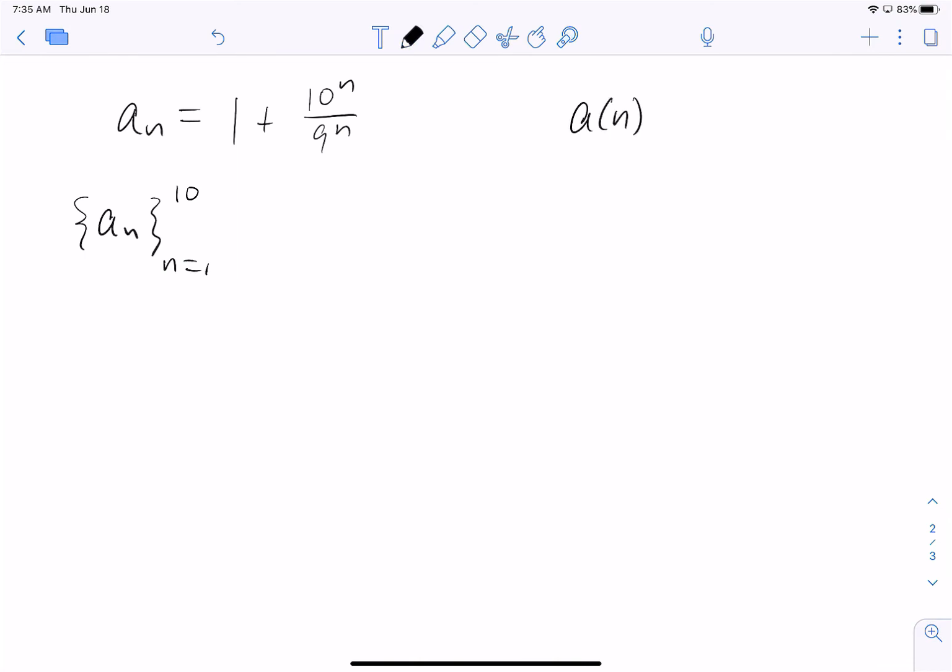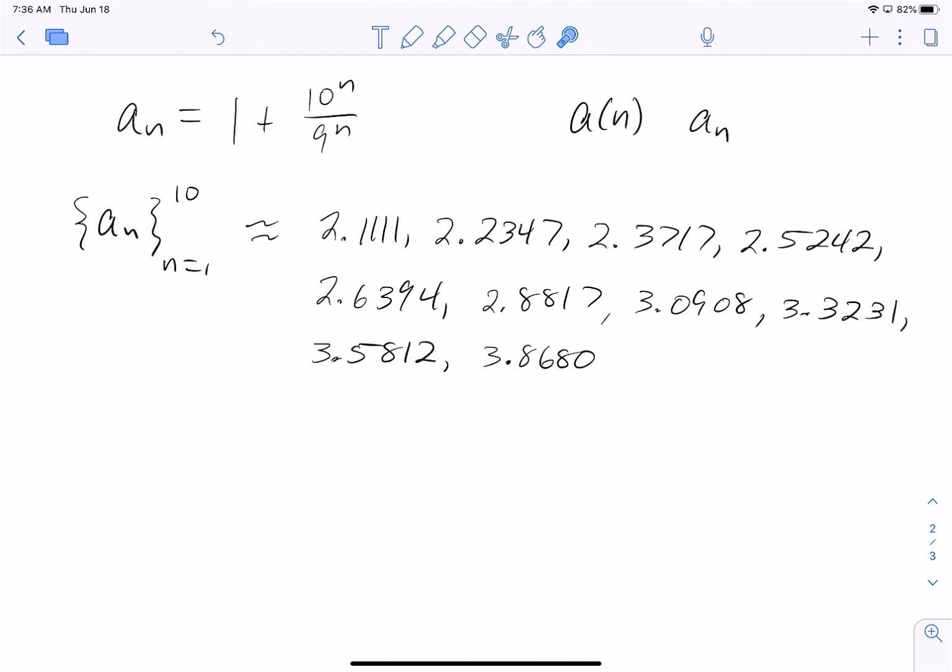Instead of writing a of n, we write a sub n to denote that it's a sequence. And using that calculator, the first 10 terms are 2.1111, 2.2347, 2.2717, 2.5242, 2.6394, 2.8817, 3.0908, 3.3231, 3.5812, and 3.8680.